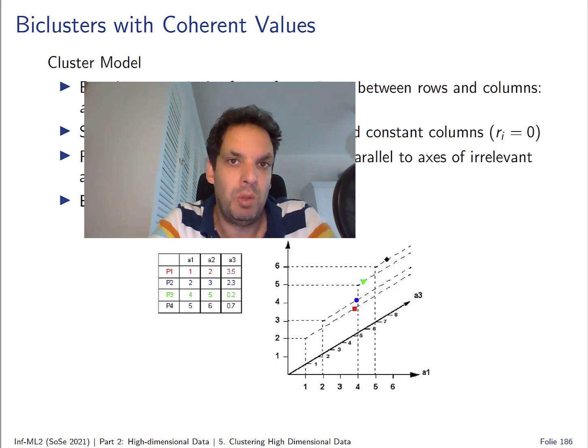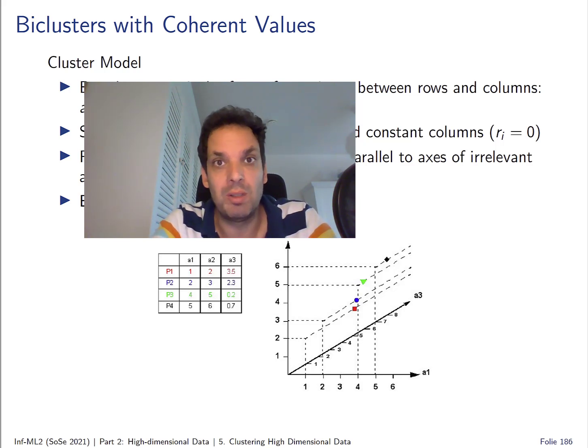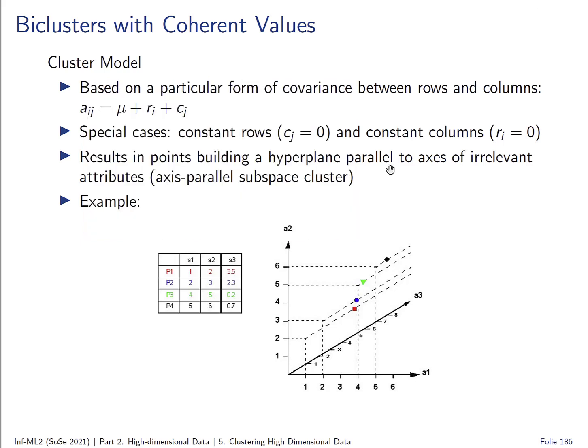and that brings us to the next model, which is biclusters with coherent values, and that's what we are looking at now. So the cluster model basically looks very similar to the ones above, as I said before, but we now have, so to say, two adjustment values.